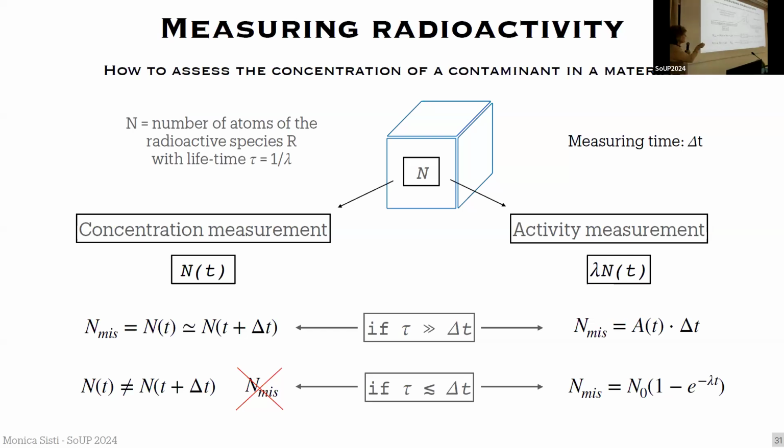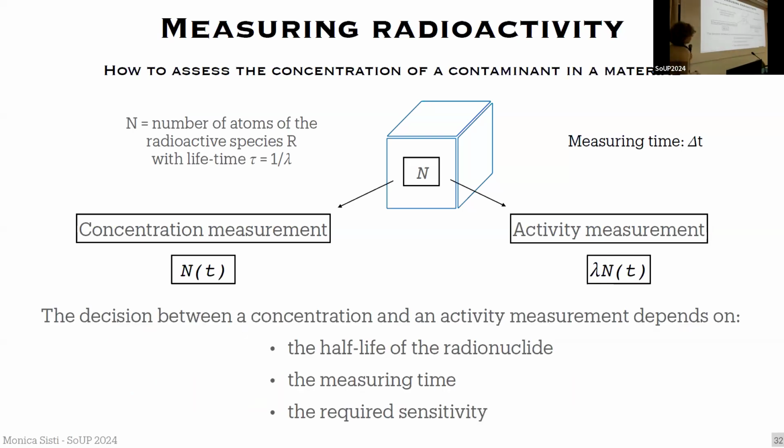Maybe with some techniques you do better than with others, but you can perform both measurements, concentration or activity. But if the half-life of the nuclide is short, then the concentration measurement is very difficult. So you are forced to measure the activity.